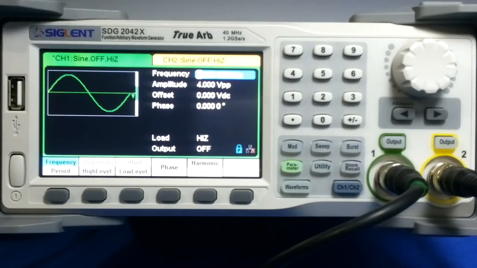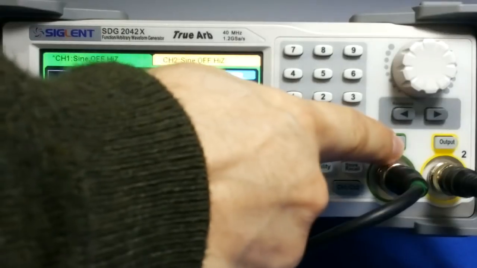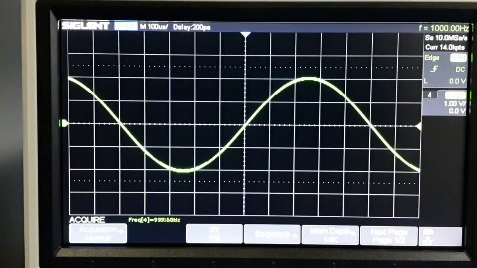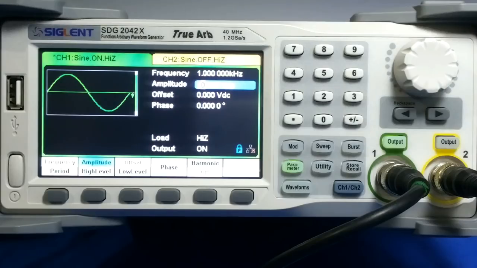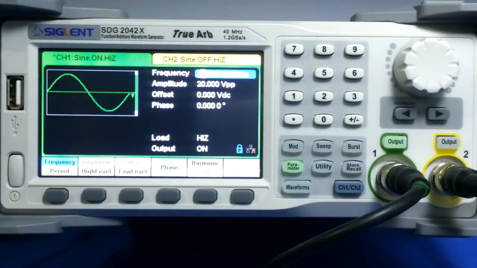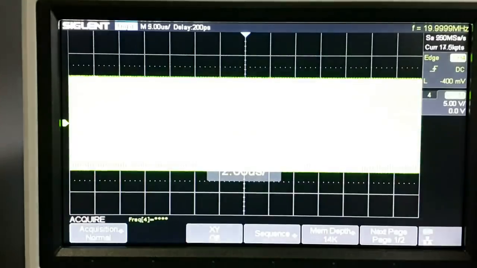When we turn it on, it sets itself to 1 kHz 4 volts peak to peak sine wave. Output on, this is what it looks like. 20 volts peak to peak, 20 megahertz.